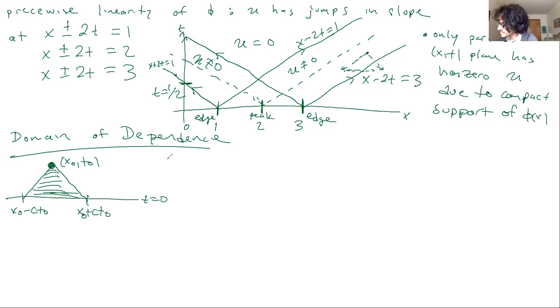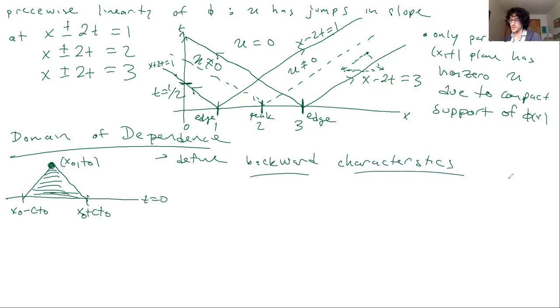So the domain of dependence requires that you define the backward characteristics, and that's just what it sounds like. It's just the characteristics drawn backwards through x0 and t0, where t0 is greater than 0.